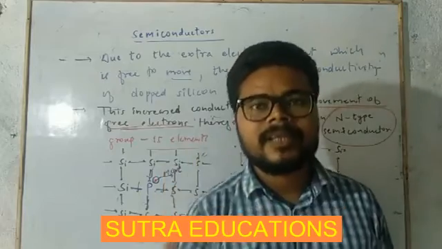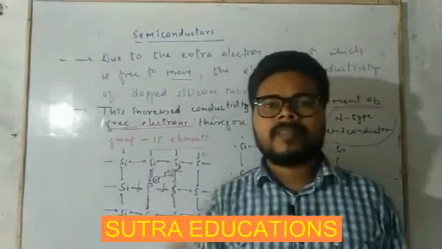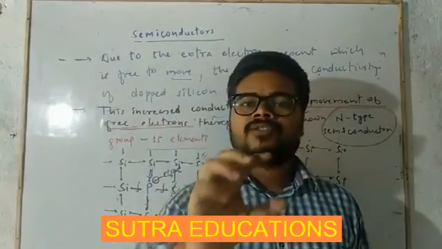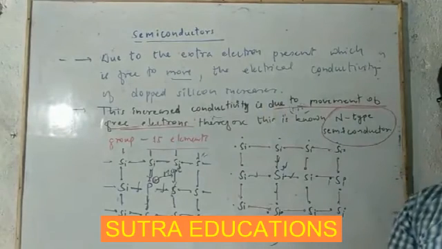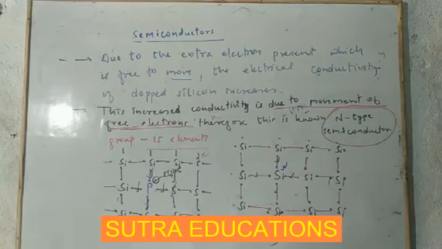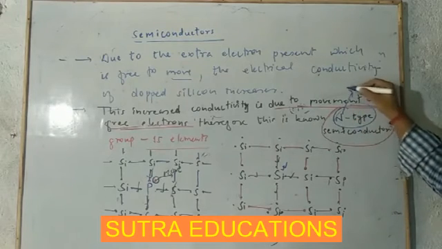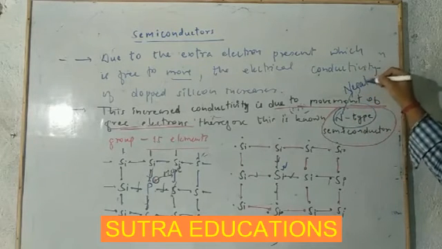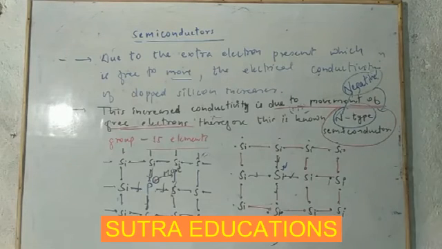We say this increased conductivity is due to the movement of electrons, so this is known as n-type semiconductor. N-type means negative type, and electrons are negative. That's why these are known as negative type or n-type semiconductors.